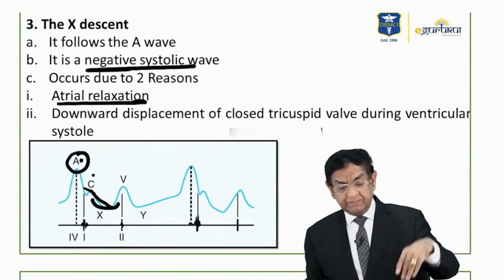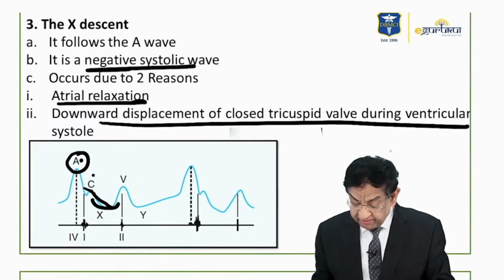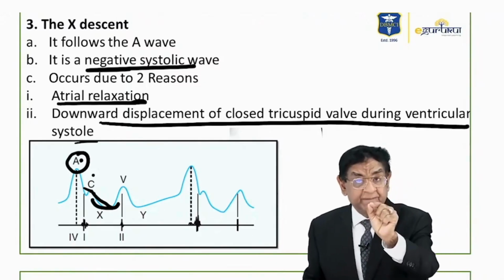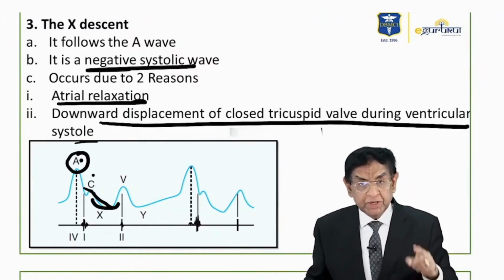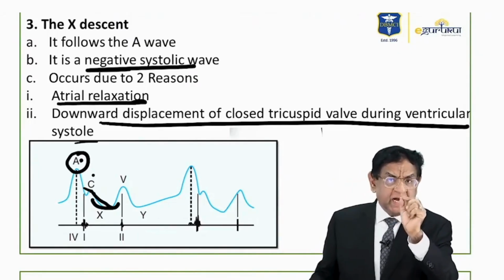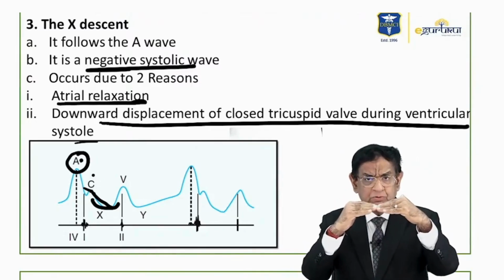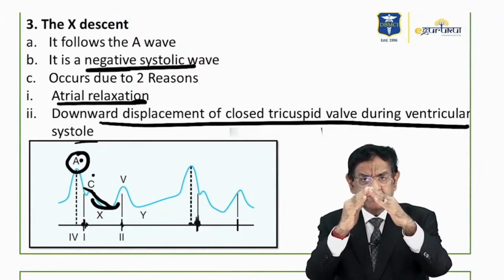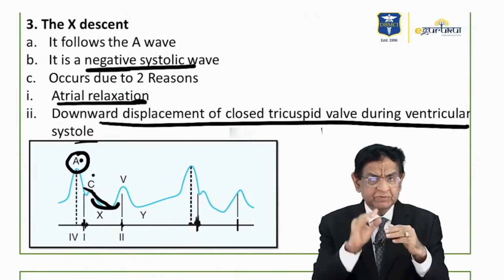During that time blood is coming, and moreover there is downward displacement of the closed tricuspid valve during ventricle systole. Now the ventricle systole is actually occurring. The tricuspid valve goes down. Point to be noted: in the isovolumetric state, when the ventricle was about to contract but all the valves were closed due to pressure, the tricuspid valve went up and that produced C wave.